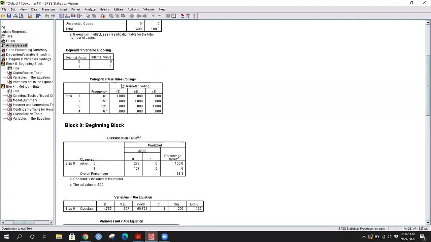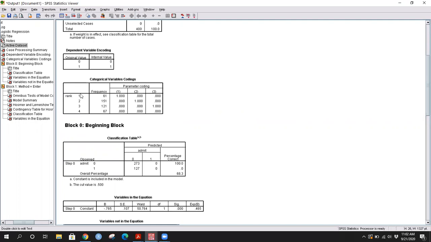So basically on my independent variables list, I have one variable which is categorical, that is rank of the college from which you are right now graduating. As I said, your current college or university of study. That is ranked from rank 1 to 4, where 4 means it's ranked lowest, and 1 means it is ranked the best.